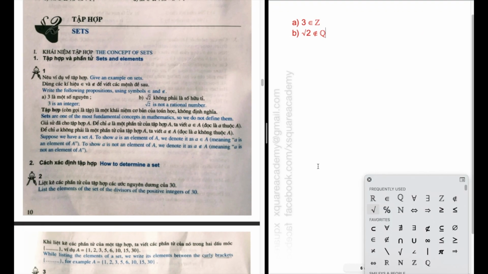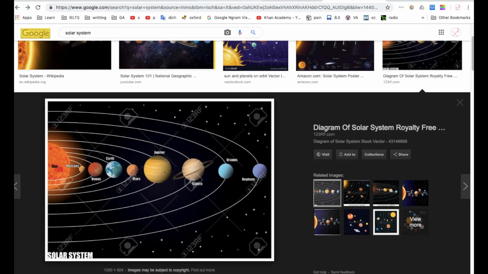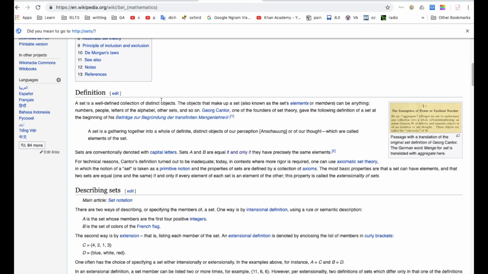And we come to the concept. Sets are one of the most fundamental concepts in mathematics, so we did not define them. But there exist definitions on the internet: a set is a well-defined collection of distinct objects.